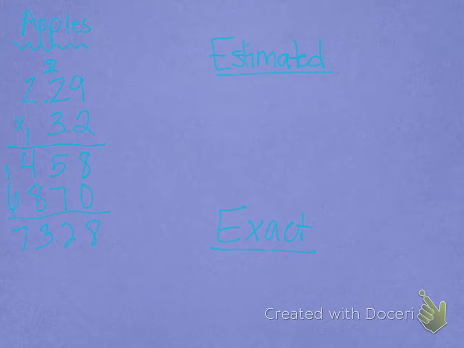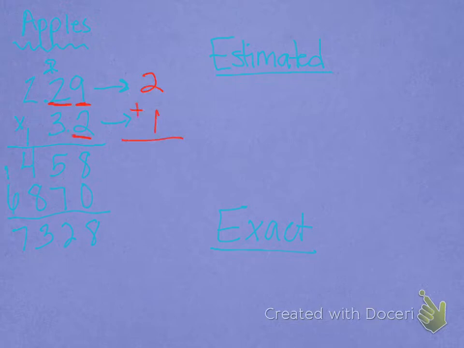So up here, I need to see how many decimal places are behind the decimal. 1, 2 places, so I have 2. Then I need to look at my second number. How many spots behind the decimal do I see? Just 1.